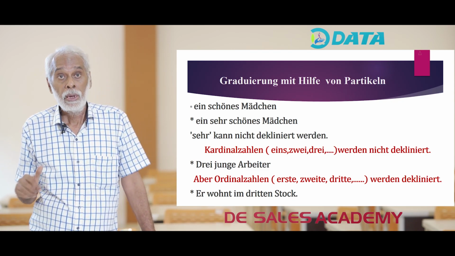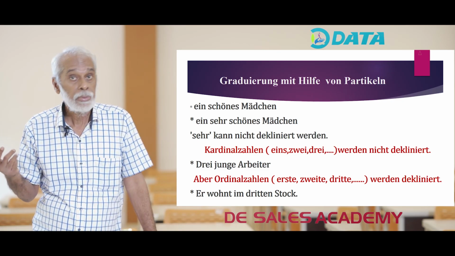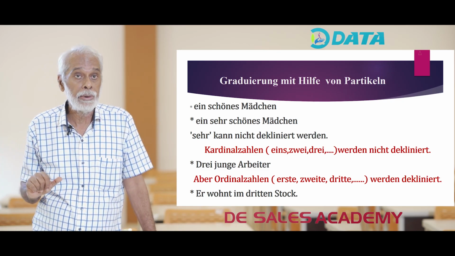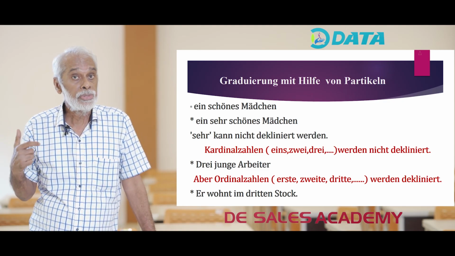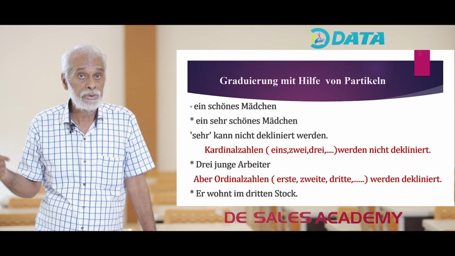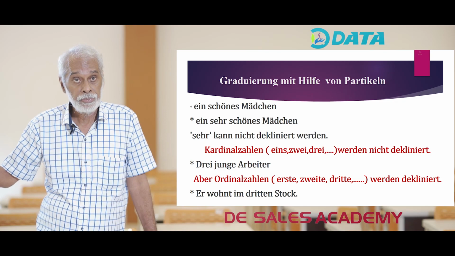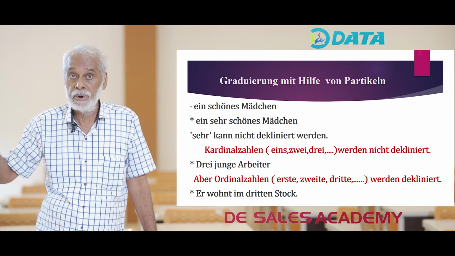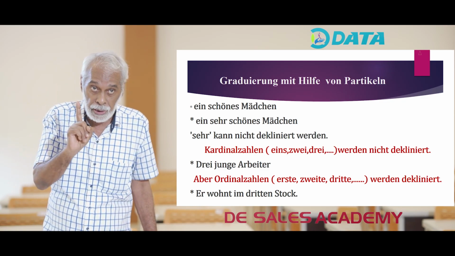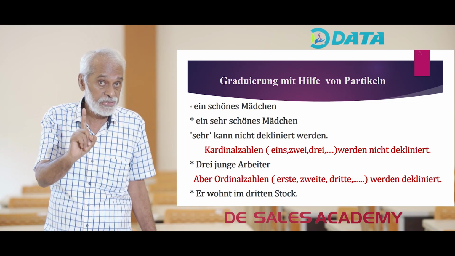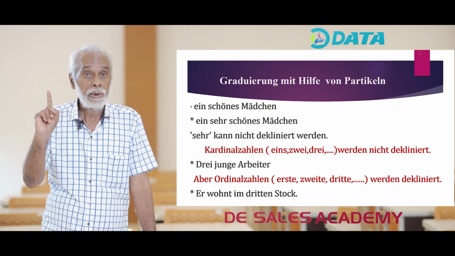Similarly, Cardinalzahlen like 1, 2, 3 are also not declined. 3 junge Arbeiter, 3 young workers. 2 junge Arbeiter, 2 young workers, and so on. But Ordinalzahlen like erste, zweite, dritte are declined.